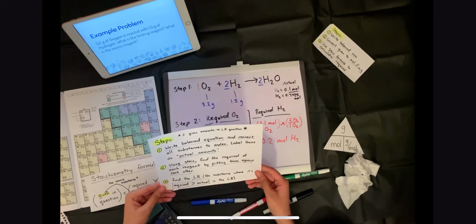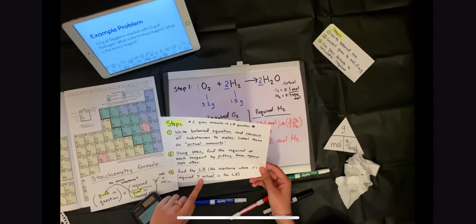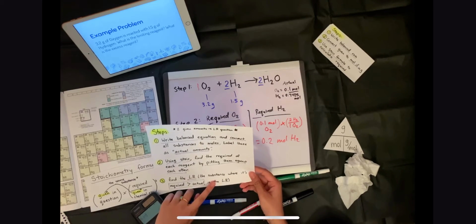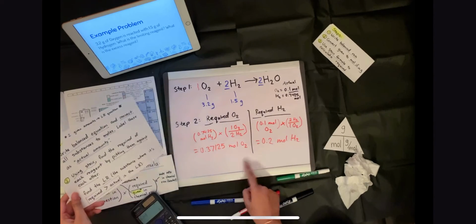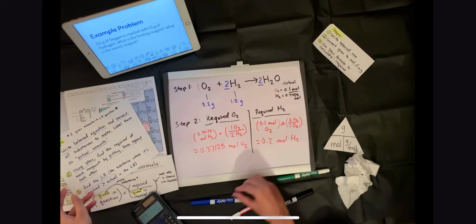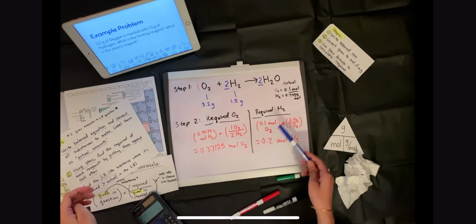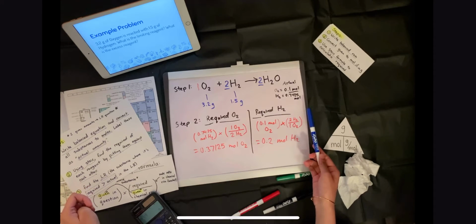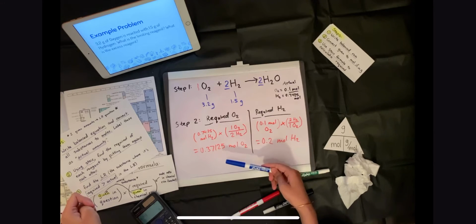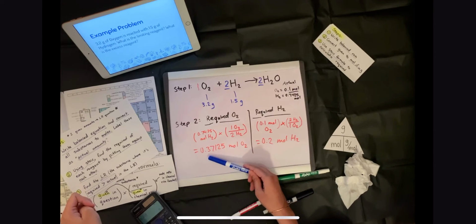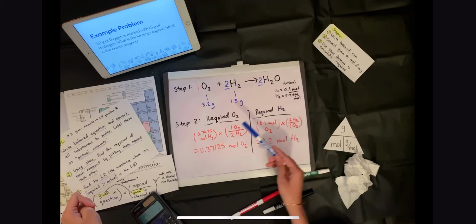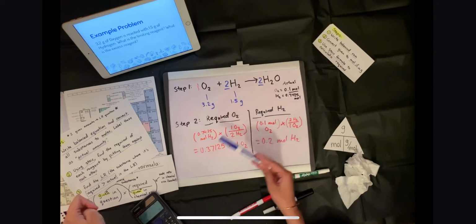The substance where the required is greater than the actual is the LR. So let's see which one of these is greater than the actual. Well, 0.2 is not greater than 0.7. So it's O. This one, 0.37, is greater than 0.1. Required is greater than actual.